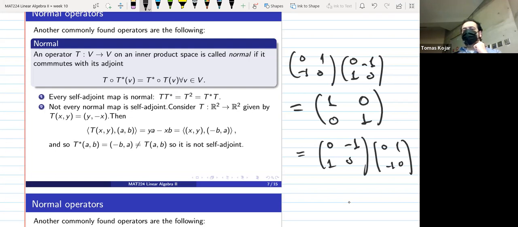Yeah, but it didn't have to be. I could have put other numbers here. Yeah, it's not always. Yeah, that's the definition of invertibility.